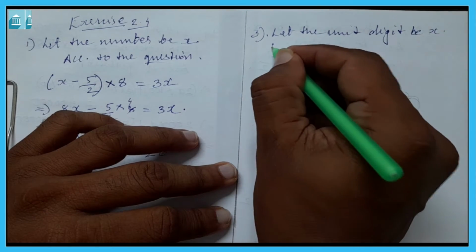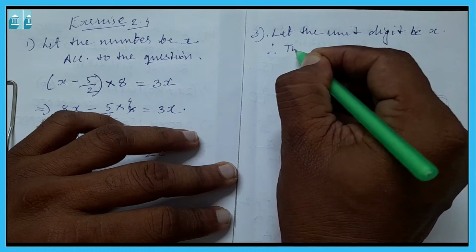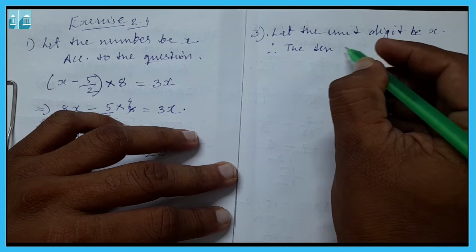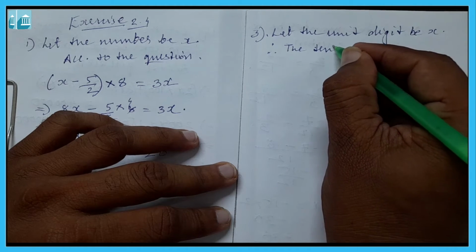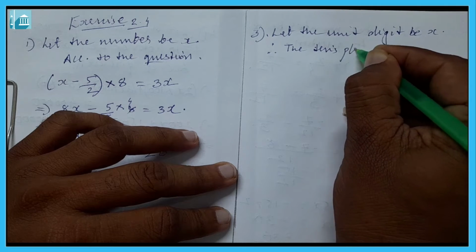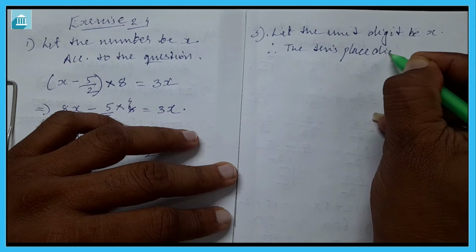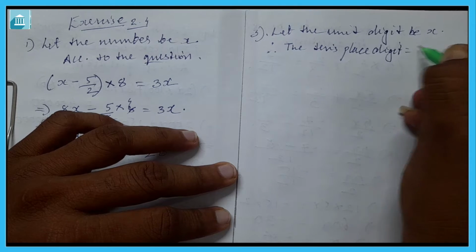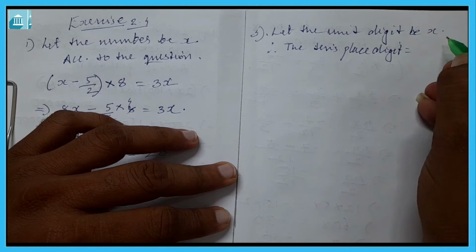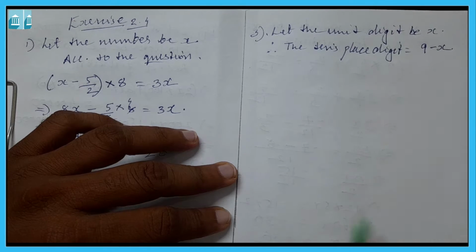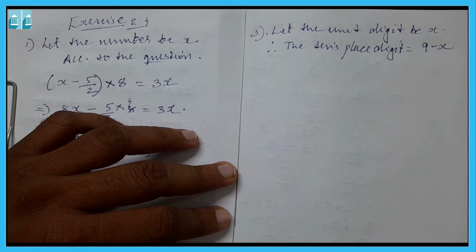So as the sum of both digits is 9, the tens place digit is equal to 9 minus x.